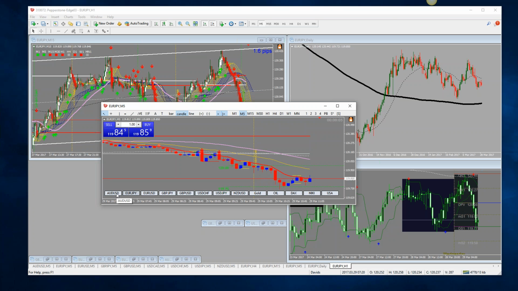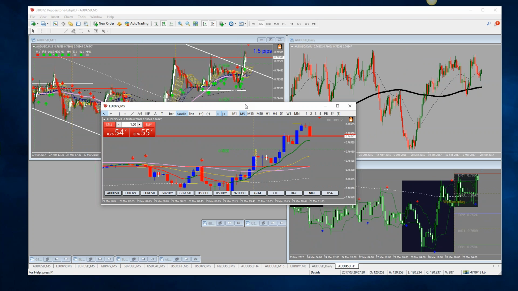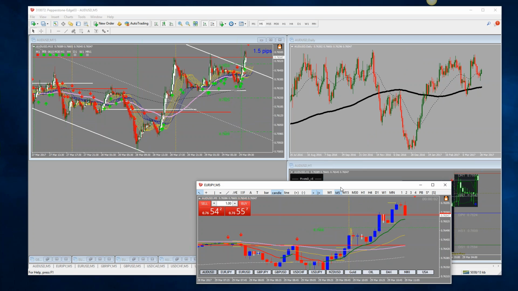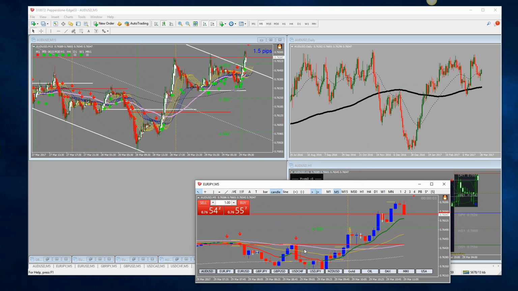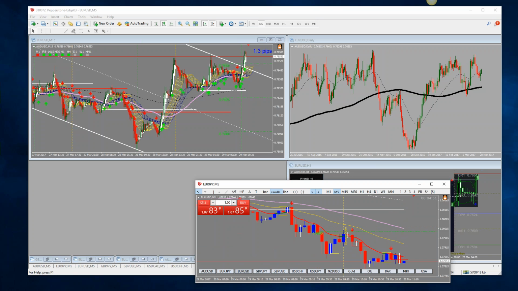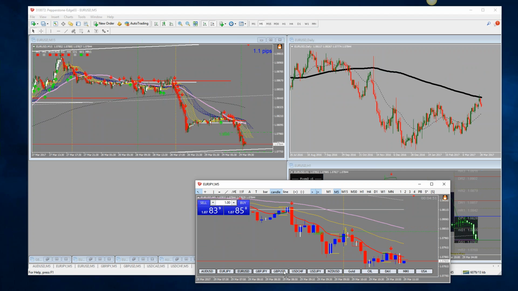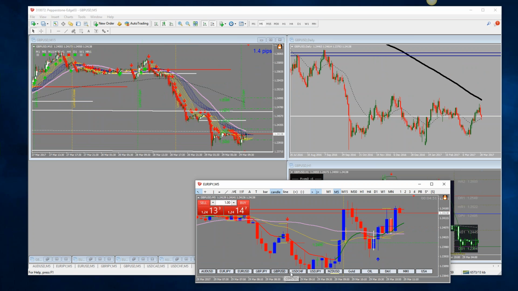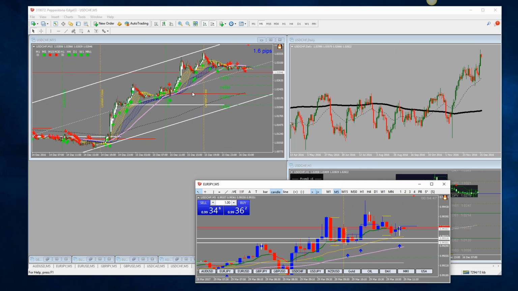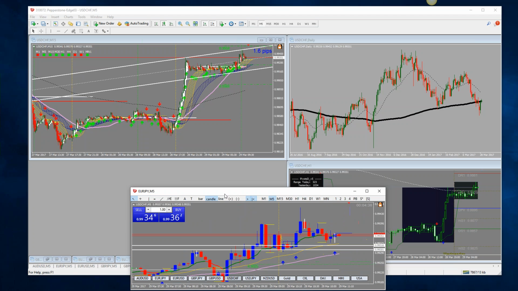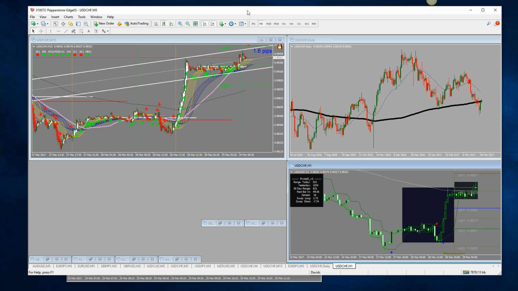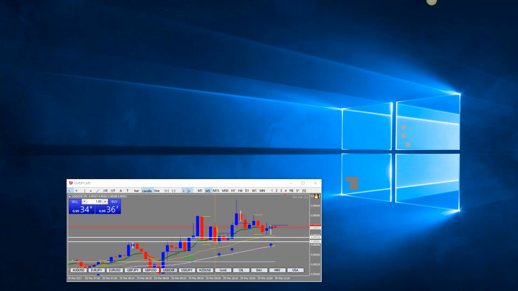If I click on the Aussie dollar, it actually changes all of my pairs to the Aussie dollar right away. So if I click on the euro dollar, and the pound dollar, and the USD/CHF, it's changing all of my pairs, and I'll have this one on one chart and that one on another monitor.